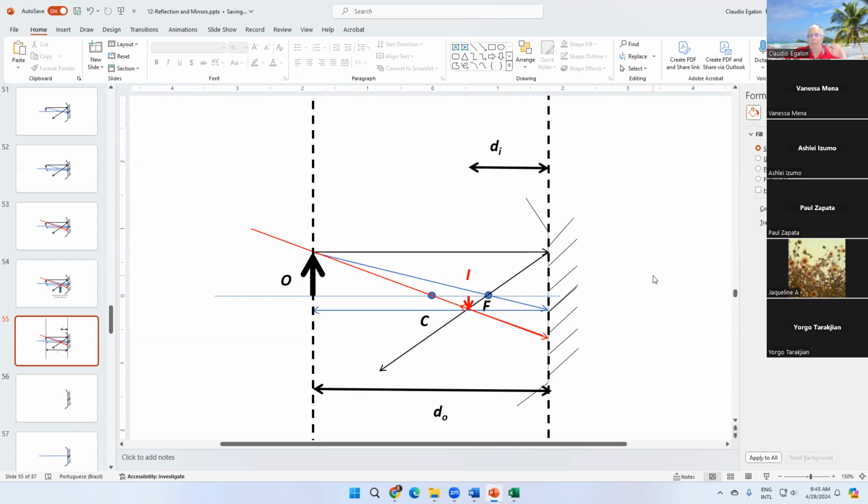That's how we determine the position, just by using this little geometry trick.